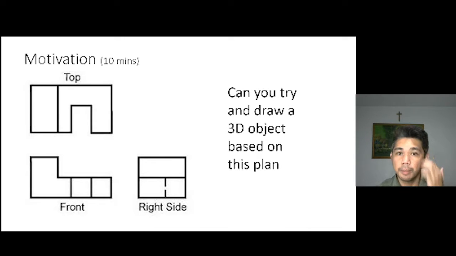But first, you have to be familiar with the different faces of a 3D object. Let's take this controller as an example. When you look at this object, this face will be its front view.